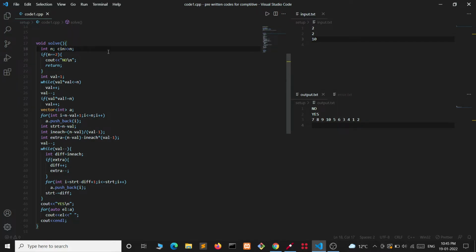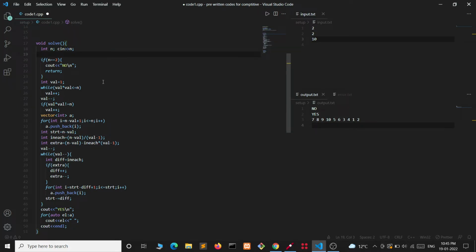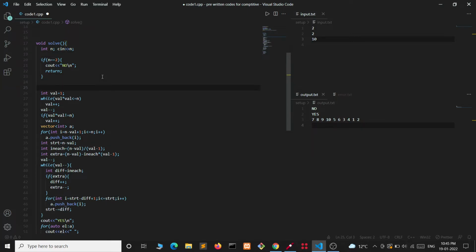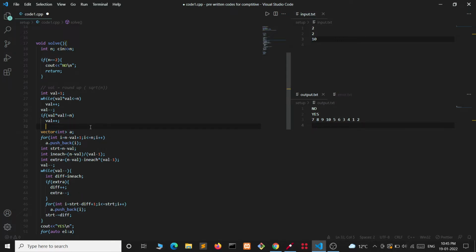This is the case we are handling separately. After that, this value is the round up value of square root n. So we are finding the round up value of square root n.